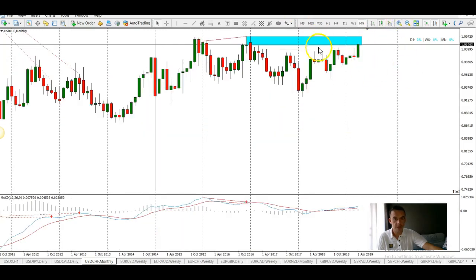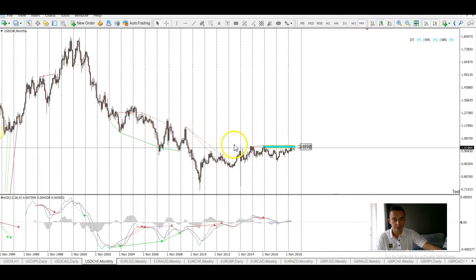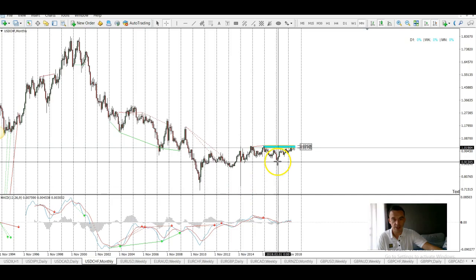And on the monthly, we do have to be careful because since 2010 it's kind of in this range here. This accumulation range, and as it's moving up from the low, getting these highs on the way up.